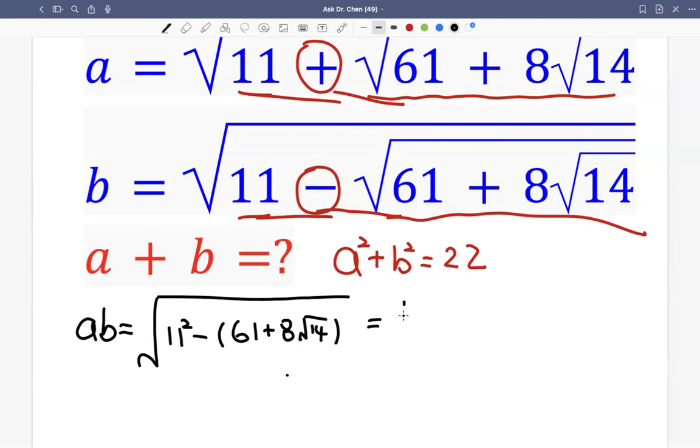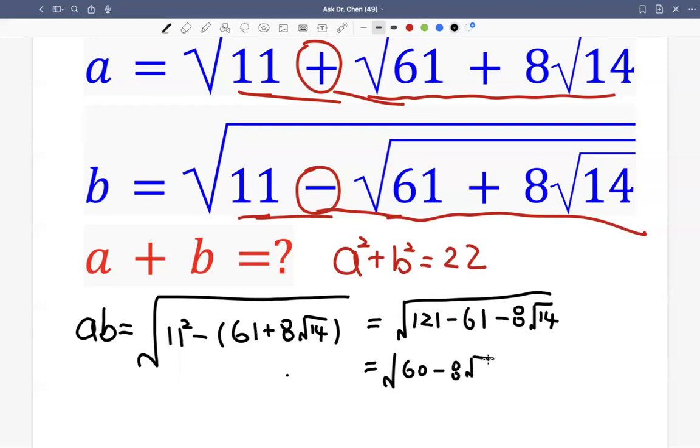Now let's simplify. 11 squared is 121. 121 minus 61 minus 8 square root of 14, just get rid of the parentheses. Then 121 minus 61 is 60. So the square root of 60 minus 8 times square root of 14.